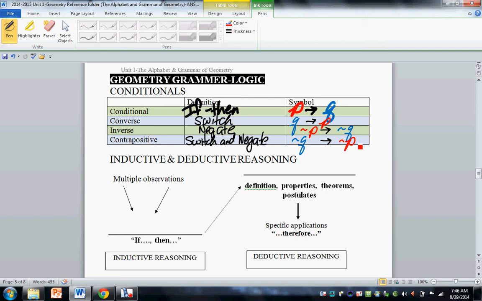It's the longest word, you do the most with it. So it's opposite Q, then opposite P.